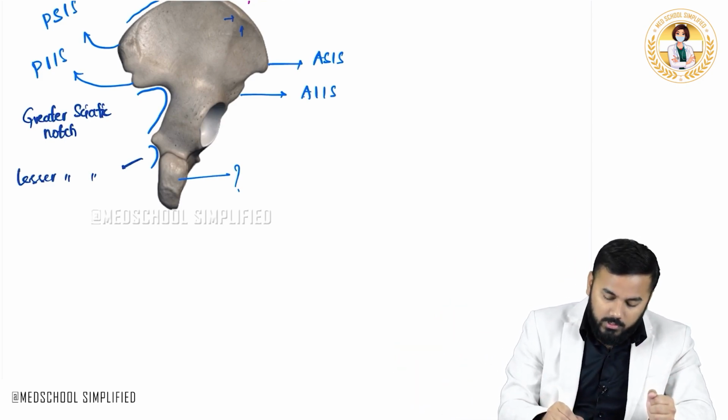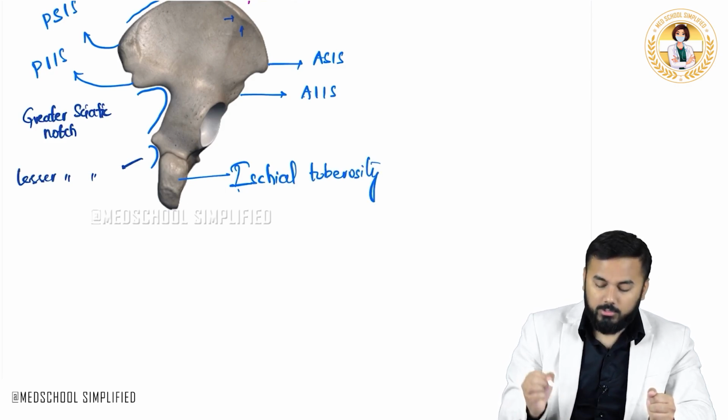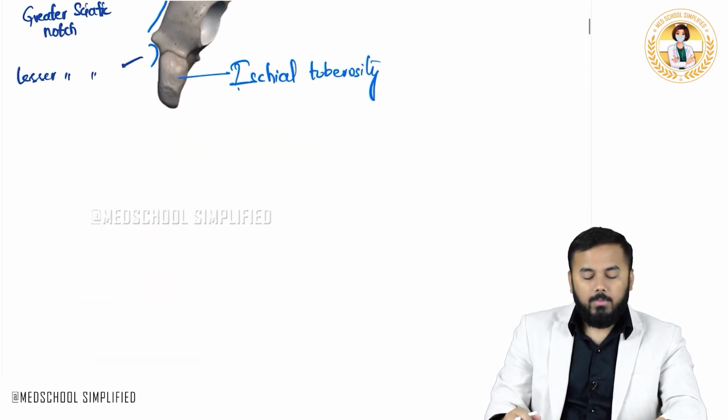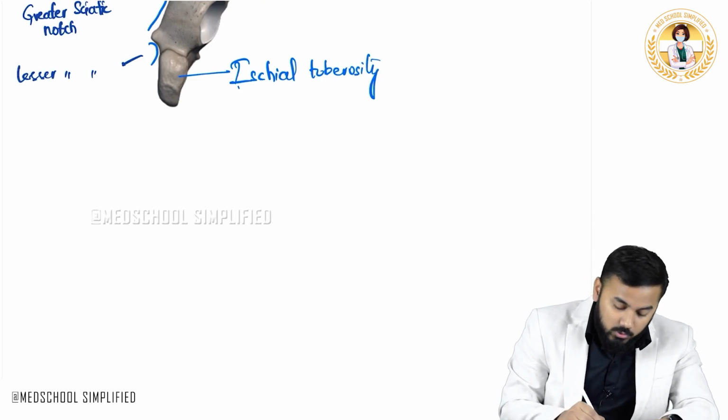Okay, so this one over here is called your ischial tuberosity, right?